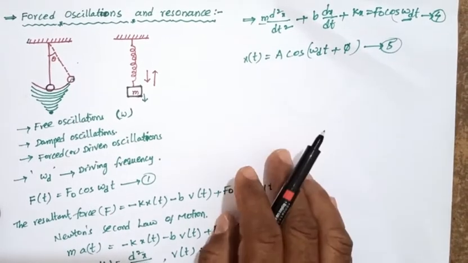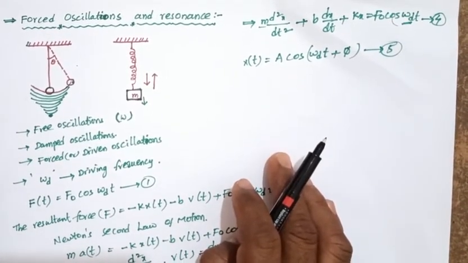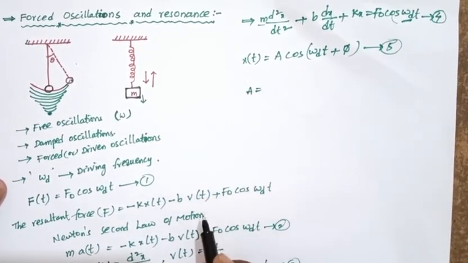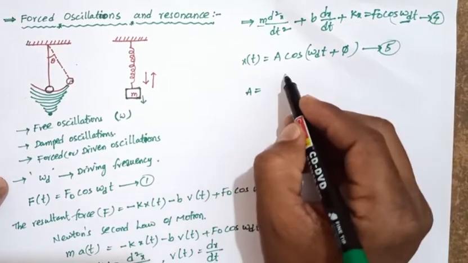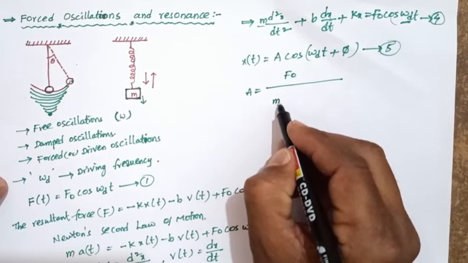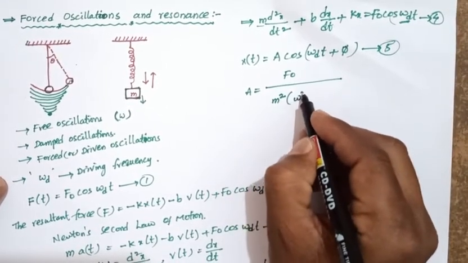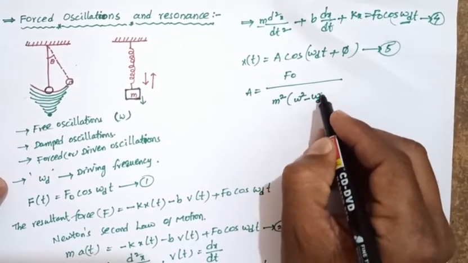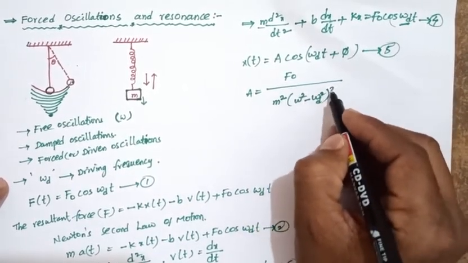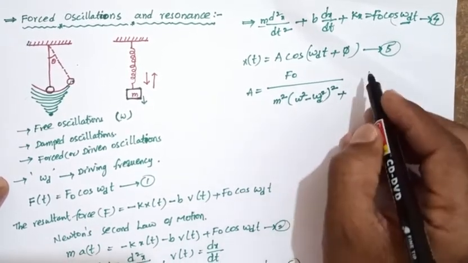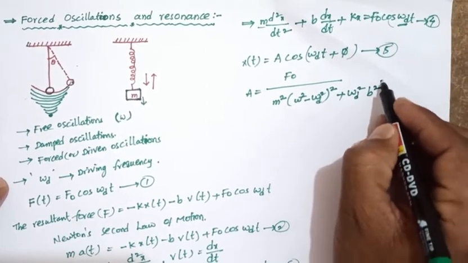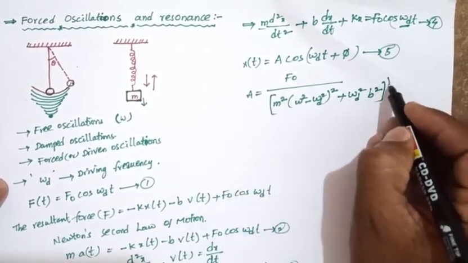So A is the amplitude. The amplitude of these forced oscillations, A equals F naught by m square root of omega square minus omega d square, whole square, plus omega d square b square, to the power of 1 by 2.